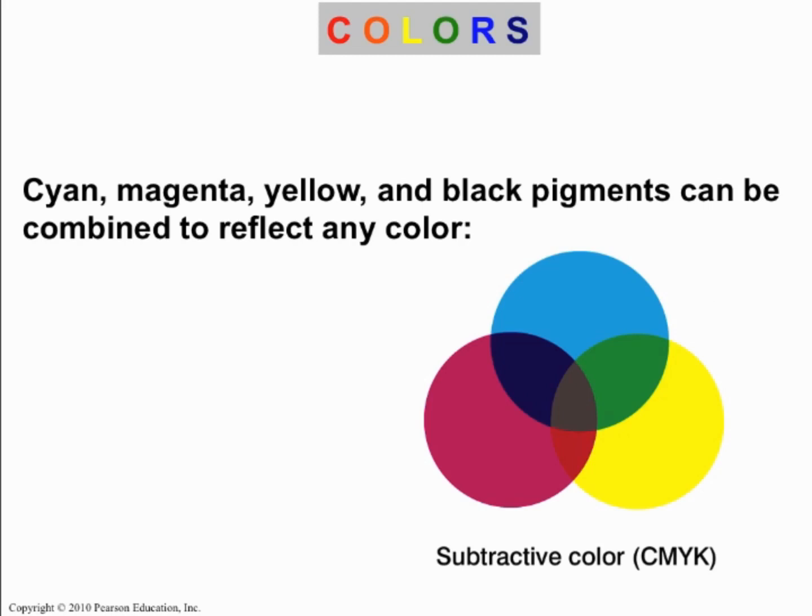There's the C cartridge, the M, the Y, the K. Well, it's easier to make black with black ink than to waste a lot of cyan, magenta, and yellow and put them all together at a high intensity to get black. So it's actually more efficient to use some black ink in addition to cyan, magenta, and yellow.